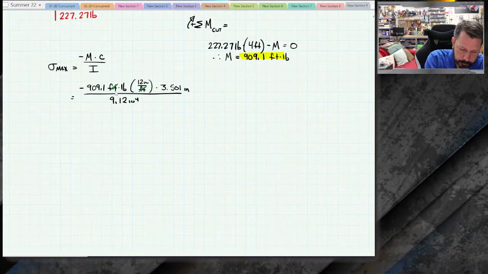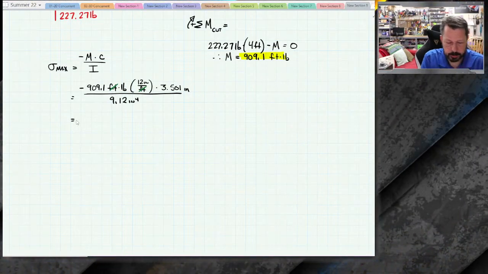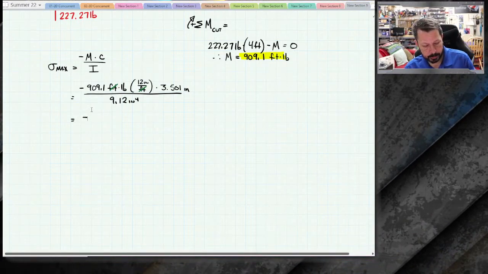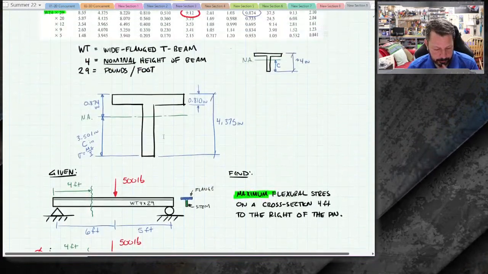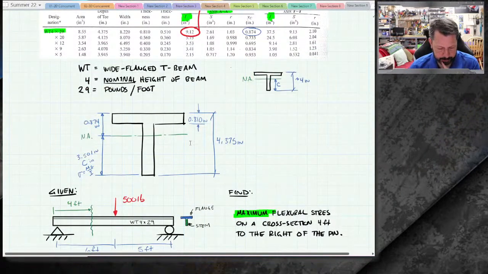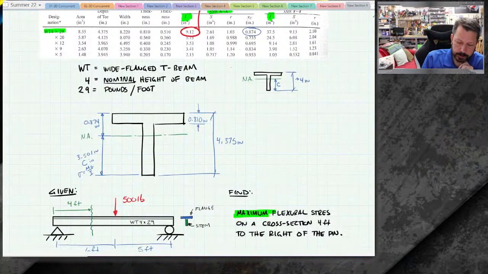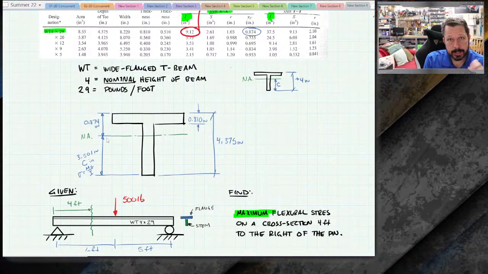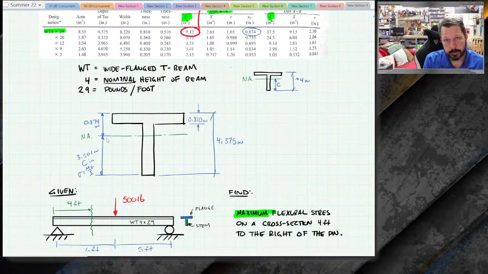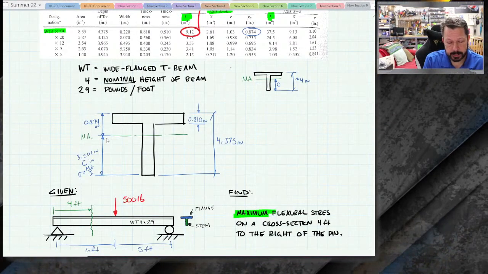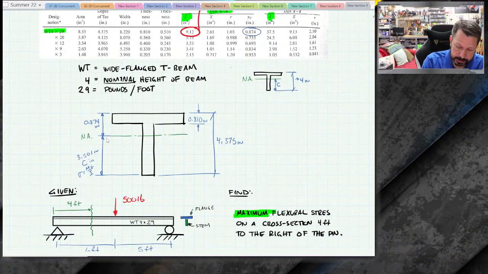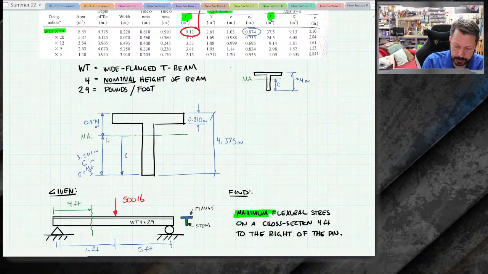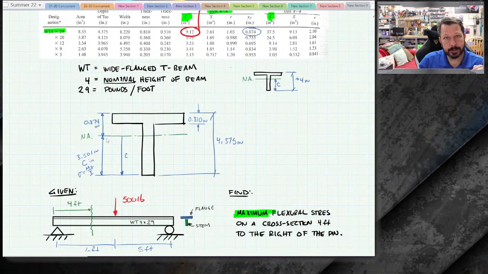And the number, and it's negative. Oh, no, it's not negative. Hold on. This 3.501, we got to be careful with that. The neutral axis of our cross section is the reference now. We're measuring from the neutral axis. So when I measure from the neutral axis down to the bottom to get C, that's the negative Y direction.